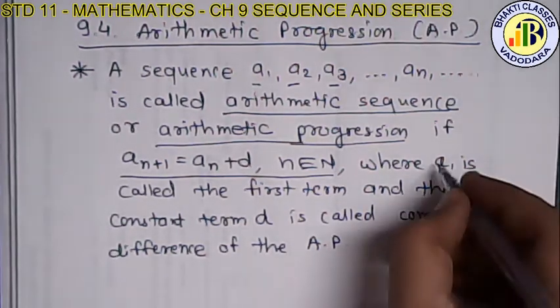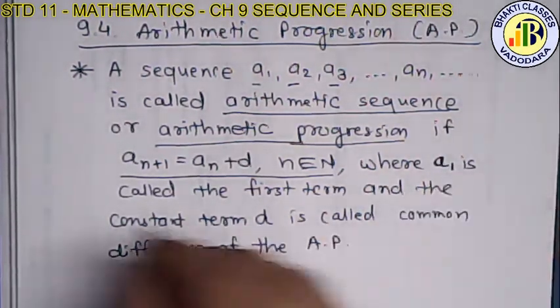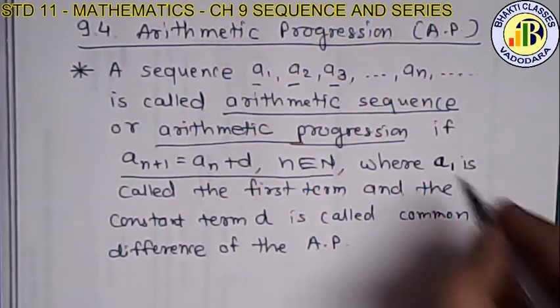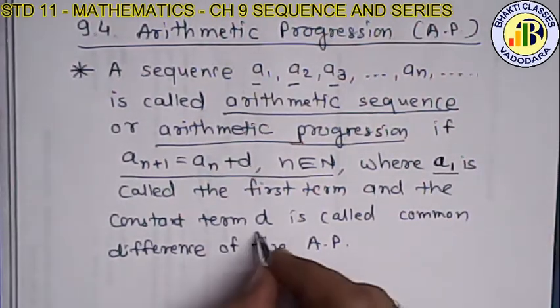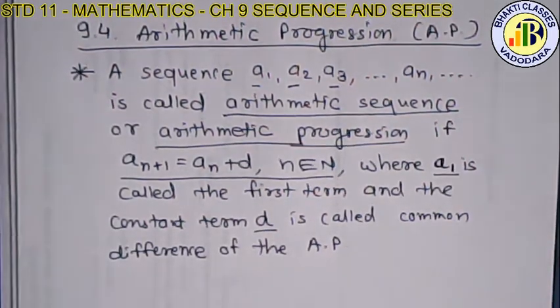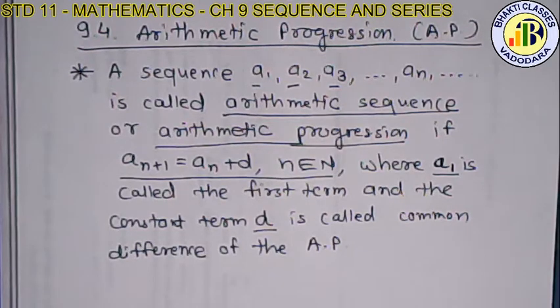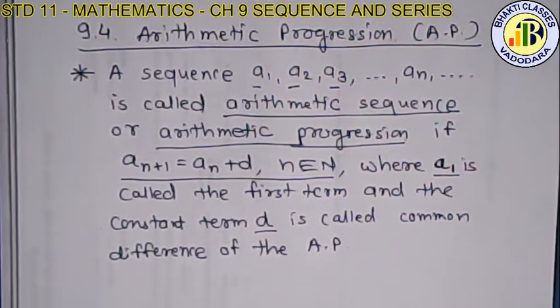Here a1 is called the first term. If we know a1 and we know d, we can find out n number of different members of this particular sequence.